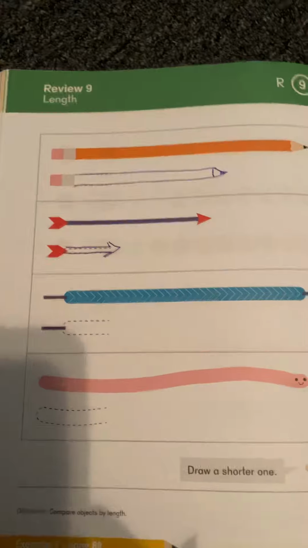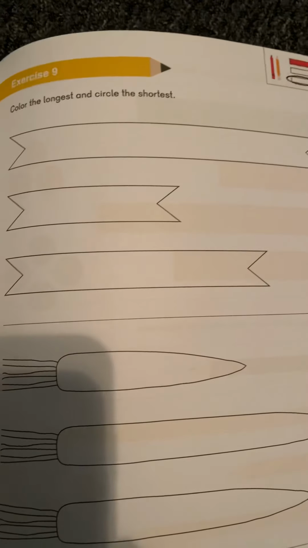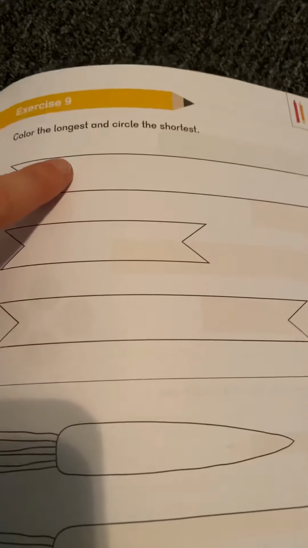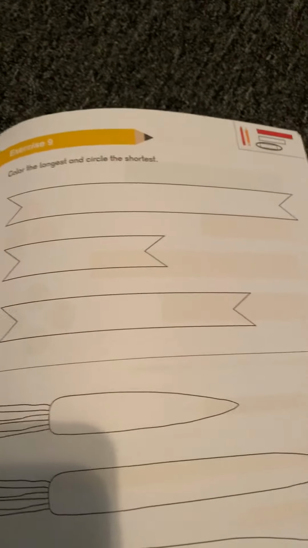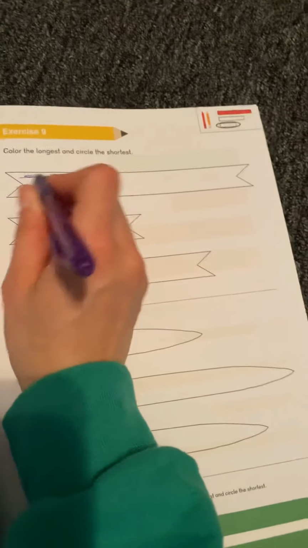Then in your workbook, you're going to color the longest one and circle the shortest. First I'm looking for the longest one. Looking at those three ribbons, which is the longest? This one. So I'm going to color this one.